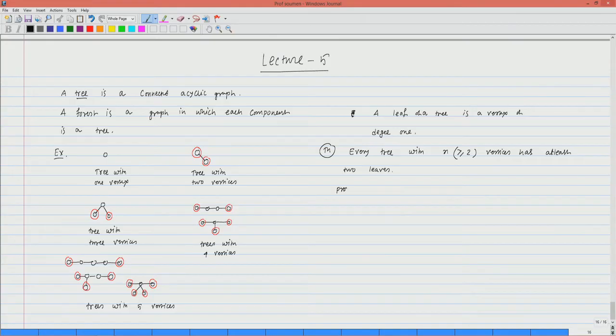Proof. Suppose tree T has n nodes, vertices.